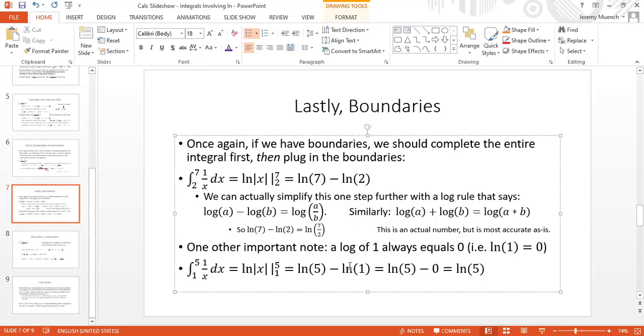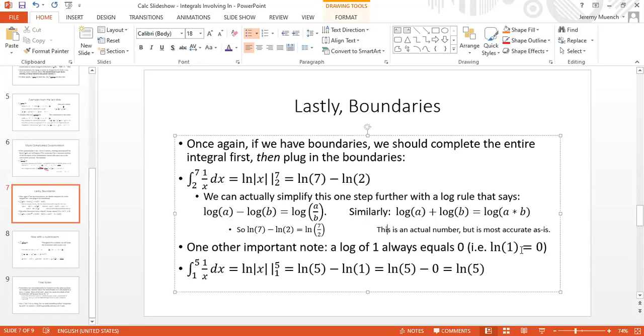Another important note here, and again, this is just another example that follows the same thing as above: a log of 1 is always 0. So ln of 1 is 0, or log base anything of 1 is 0, in fact. The only time you might be like, well, maybe not, would be, say, log base 0 of 0, but log base 0 has its own issues, so don't worry about that.